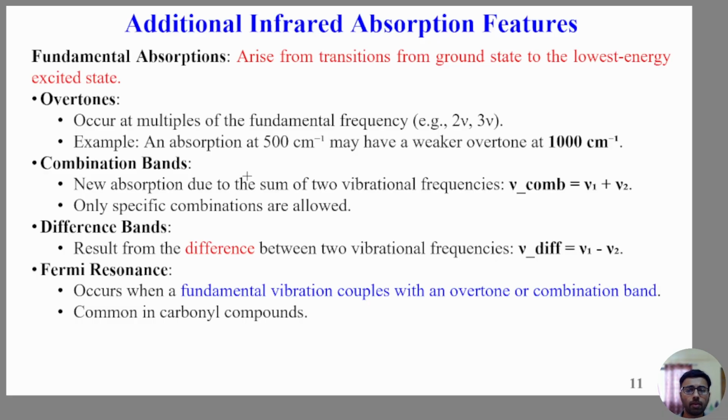We also examined additional spectral features including fundamental absorptions, overtones, combination bands, difference bands, and Fermi resonance. These phenomena explain why IR spectra often contain more peaks than expected. Understanding these effects helps us interpret spectra more accurately.